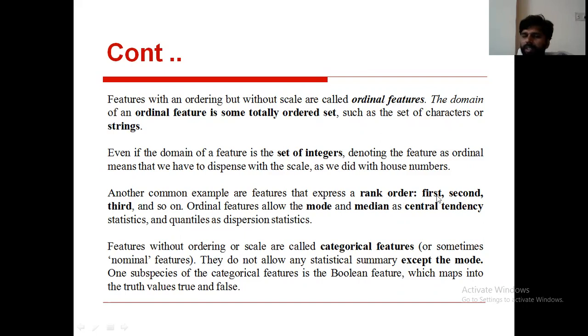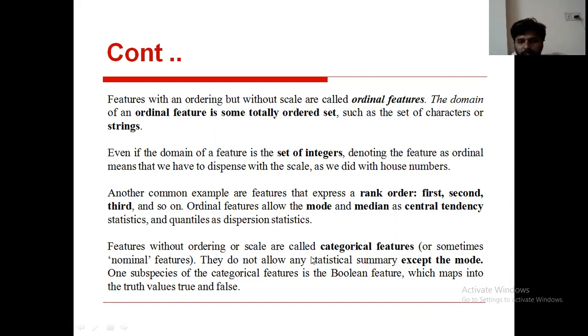That one is also an order. Similarly, we may give designation. The designation may be professor, associate professor, assistant professor. Like this also we may provide the order. See, these are ordered sets, ordered sets of values. These ordered sets of values are represented by using ordinal features, right?